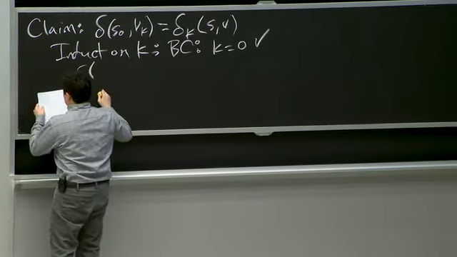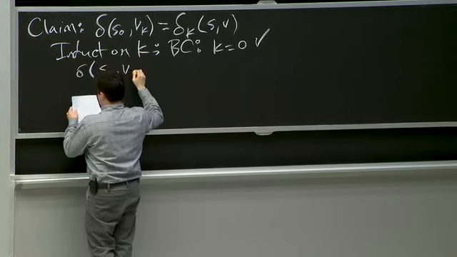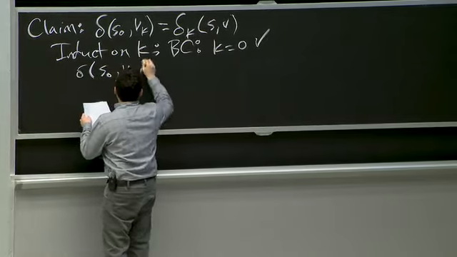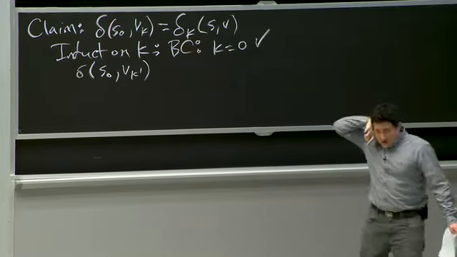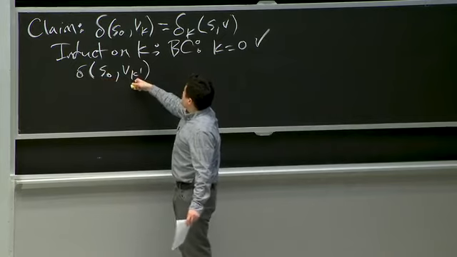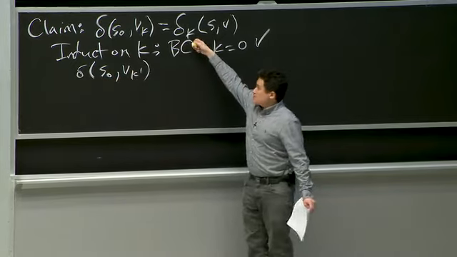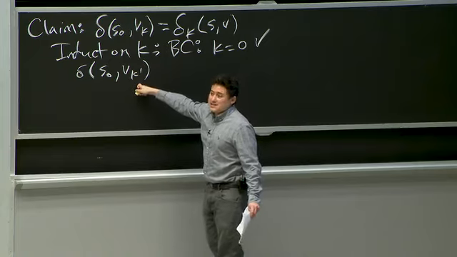Now we go to our inductive step. Let's take a look at the shortest path distance from S0 to v of k prime for some k prime. The inductive hypothesis is that this distance is the k edge distance for all k less than k prime.